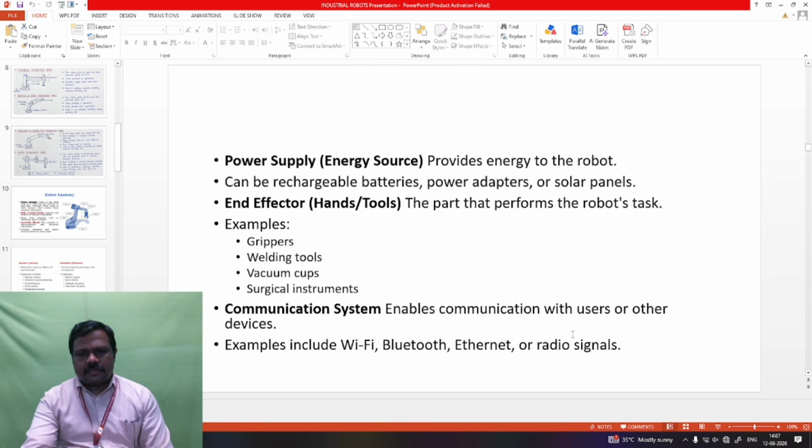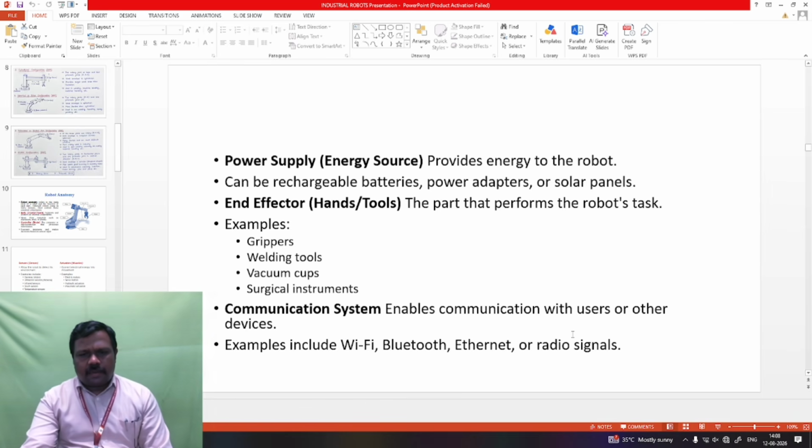Power supply system. The power supply system provides energy to the robot. It can be rechargeable batteries, power adapters or solar panels used in robotic systems. End effector. The end effector is the part that performs the robot task. Finally, the robot has the end effector, or hands or tools.